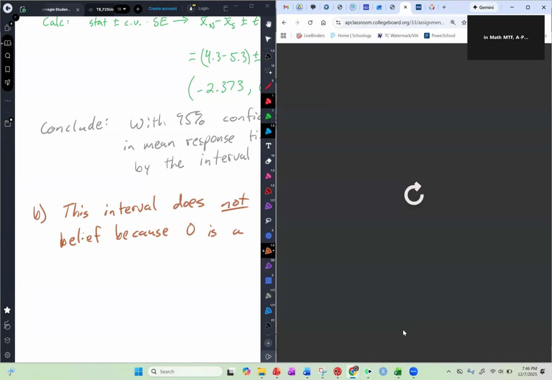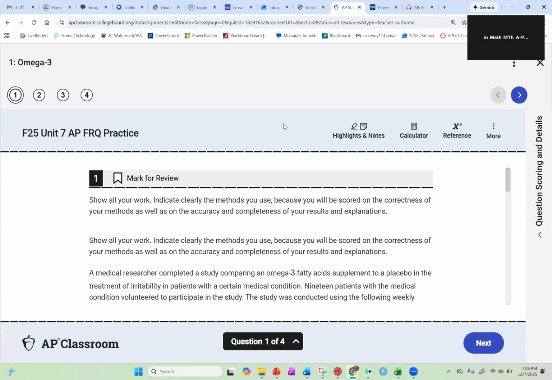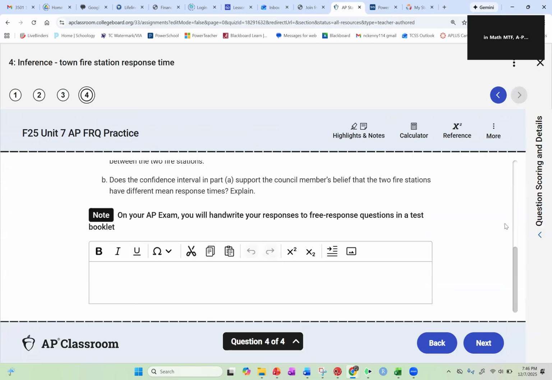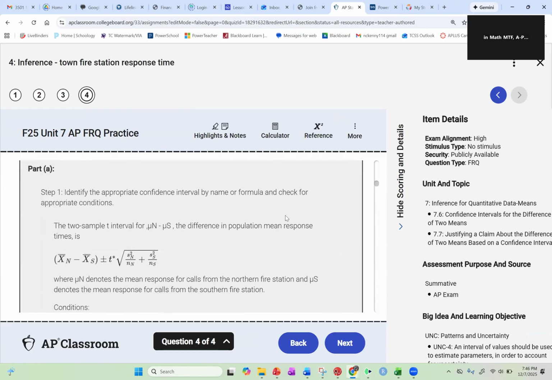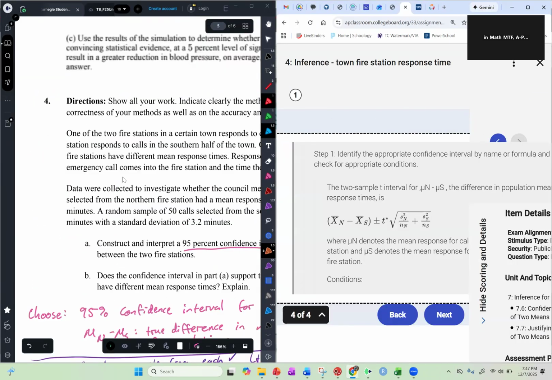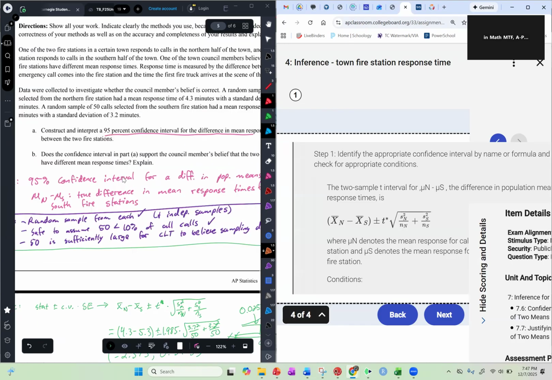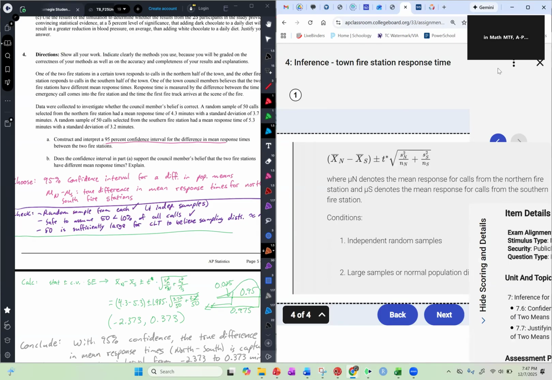Right there, that's what I'm struggling with. All right, two sample t interval, the difference in population mean response times. I think that would be covered. Wow, that just looks terrible.